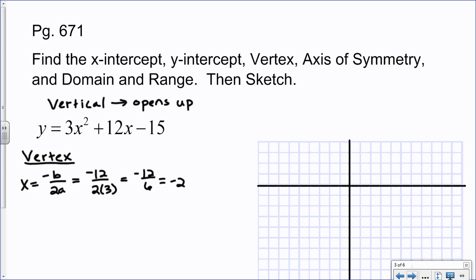Okay, so then back to this. My x-coordinate is negative 2. So to find the y-coordinate, plug negative 2 back in for x. So back to your original equation.